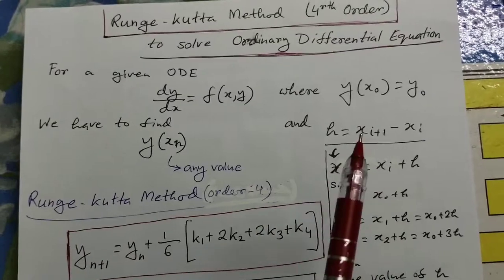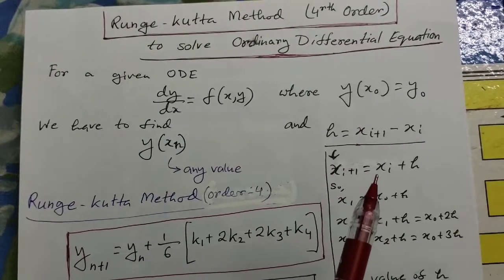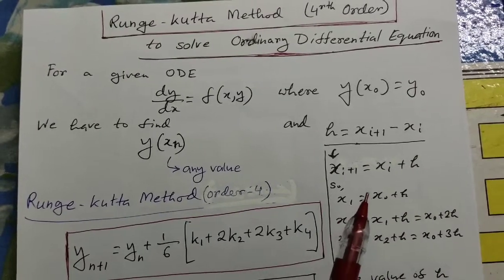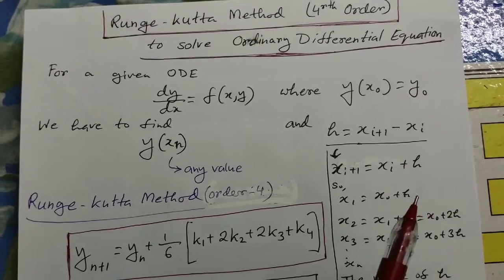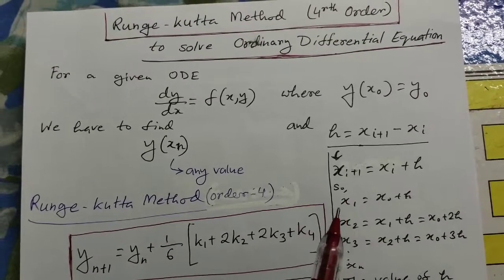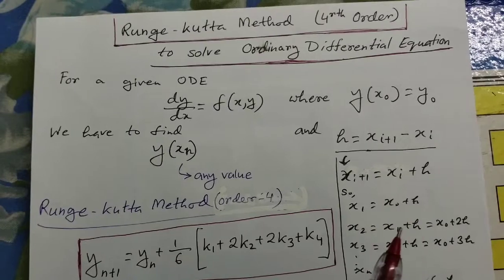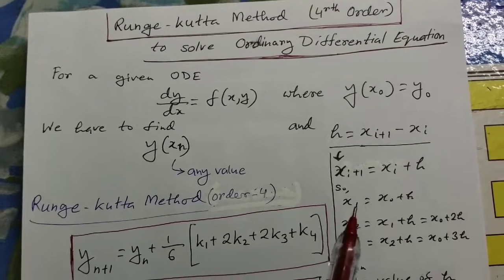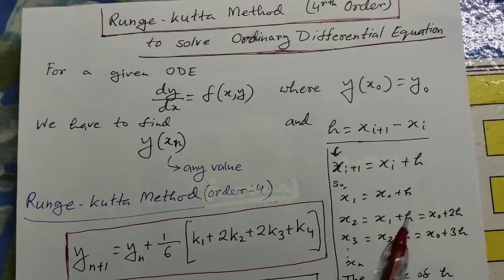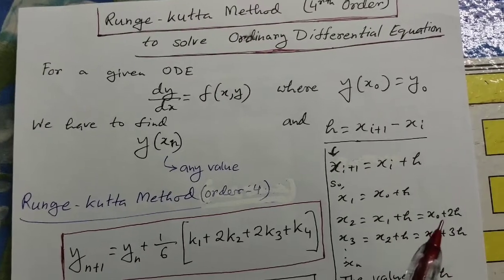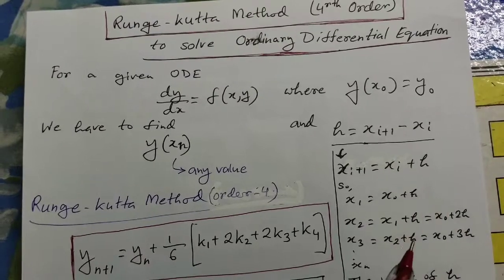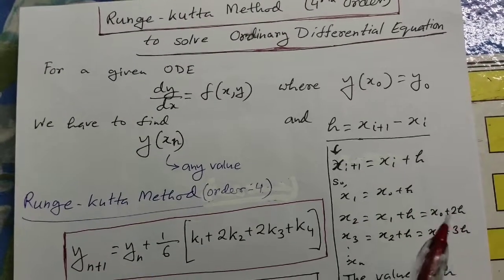From the equation x(i+1) = xi + h, we get x1 = x0 + h. Similarly, x2 = x1 + h, and putting the value of x1 in this equation, we get x0 + 2h, because x1 = x0 + h.